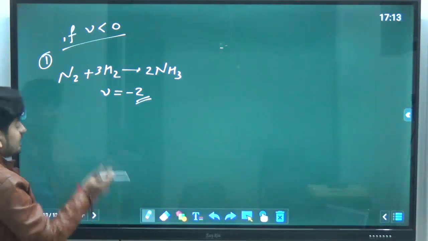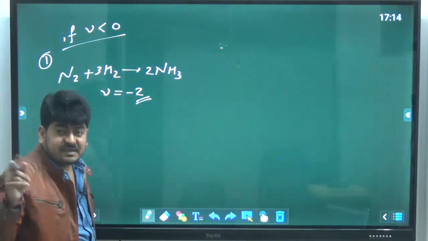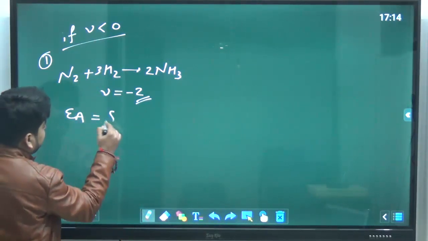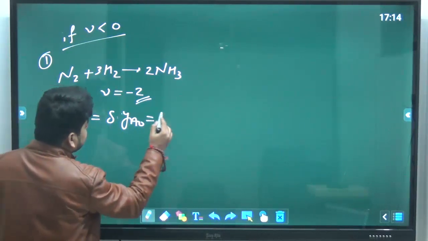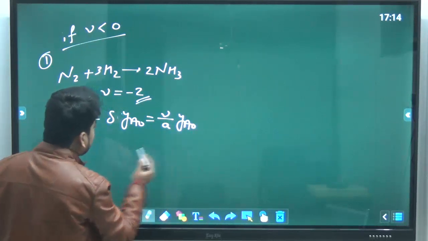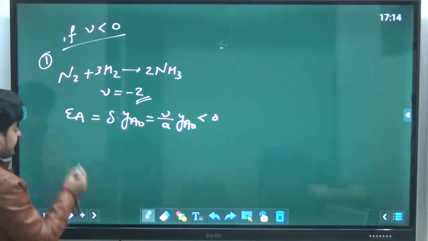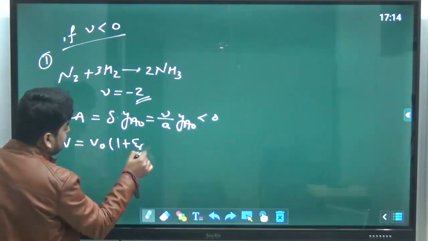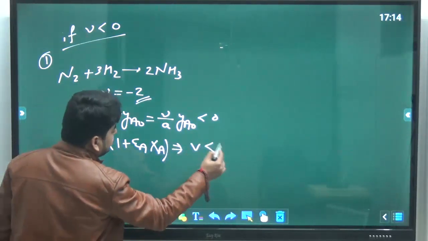And then from CRE we know that the volume expansion factor, epsilon A, which is delta times YA naught, where delta means the sum of nu over A, will be negative as well. And if epsilon A is negative, then V is equal to V naught times (1 plus epsilon A XA), so V will be less than V naught.